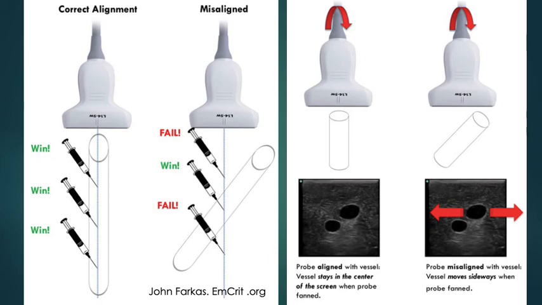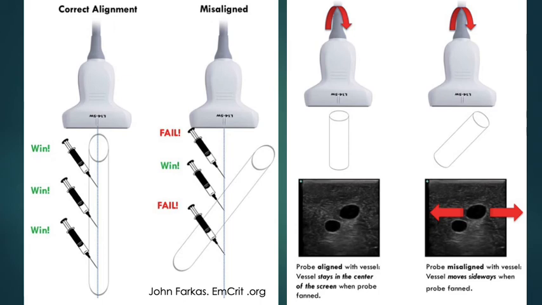The way you can check that is, if you've got a lovely picture here of your two vessels, just tip the top of your ultrasound probe backwards and forwards. What you're doing there is running up the length of the vessel.